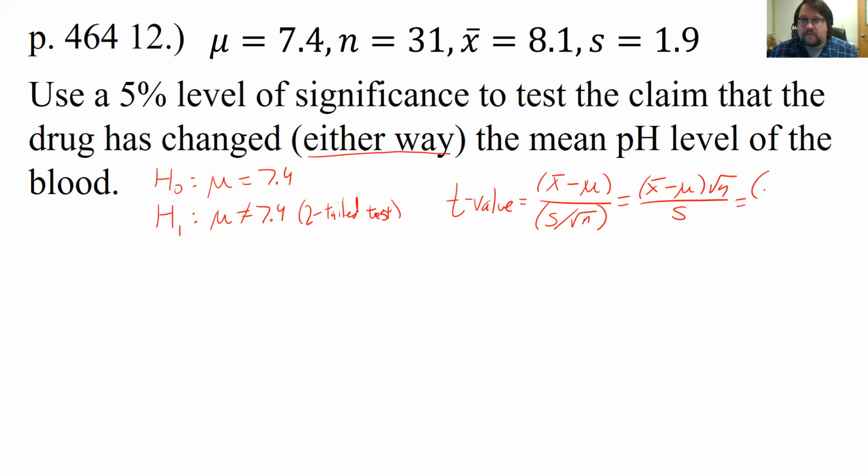to calculate this. So 8.1 minus our predicted mean of 7.4, times the square root of our sample size, 31, and divide that by our sample standard deviation.